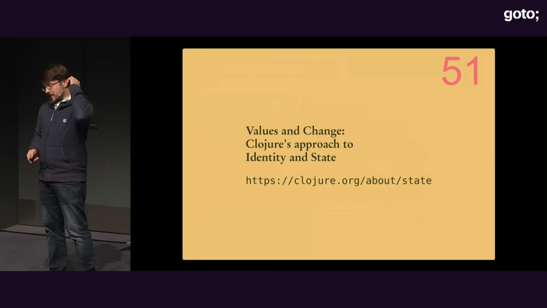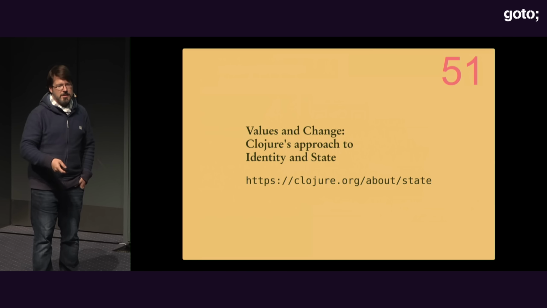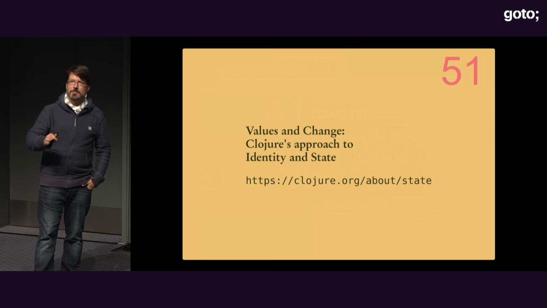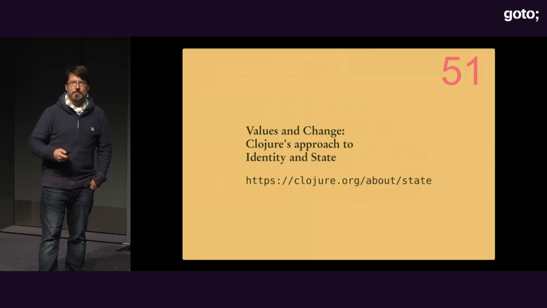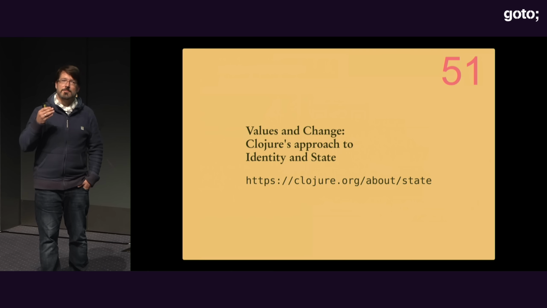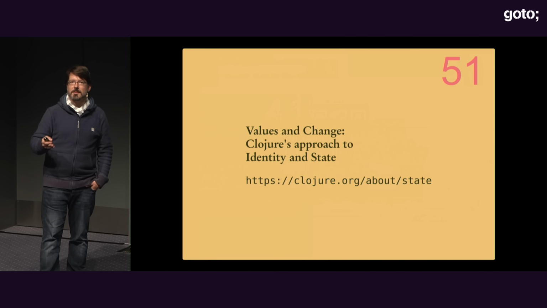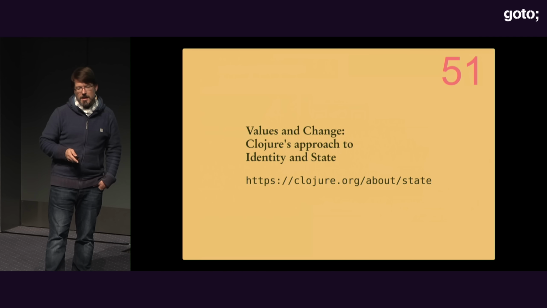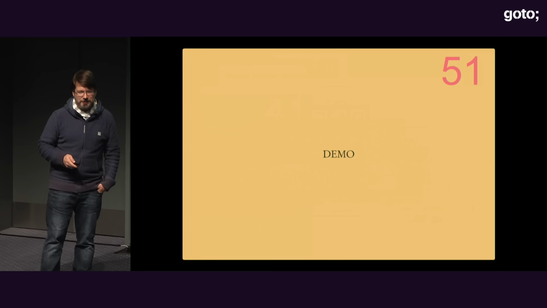If you're interested in this theory, how it works, there is this great article, very short read, just 2 pages, that gives you an impression on how Clojure works with state, and it's really helpful if you're coming from an object-oriented background to understand why it's behaving so differently than you're used to.